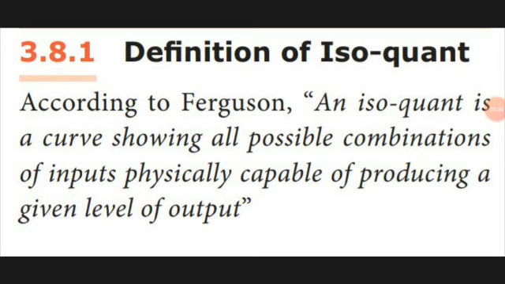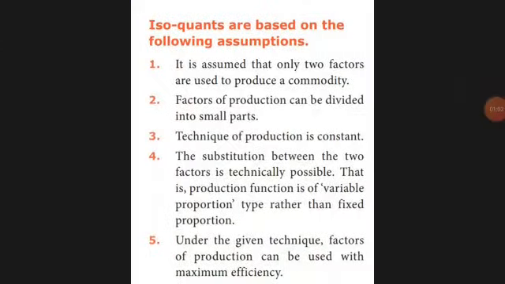There are some assumptions for the isoquant. First, any two factors should be there. Second, they should be divisible into small parts. Third, the technique of production, that means the technology should be the same, constant and fixed.